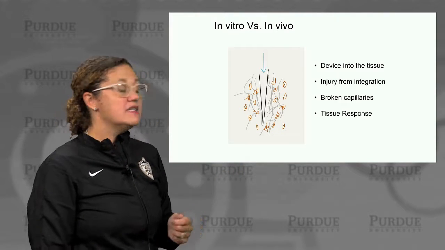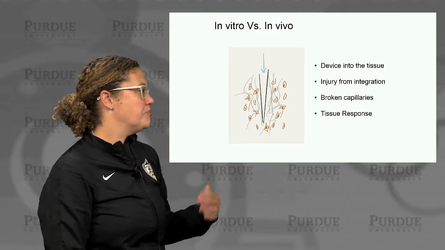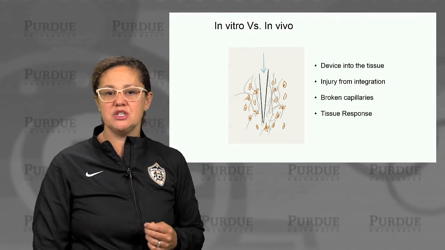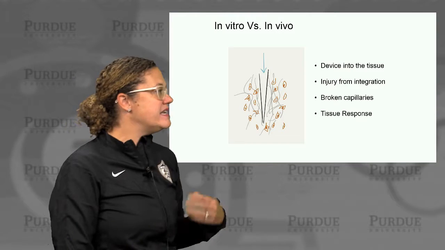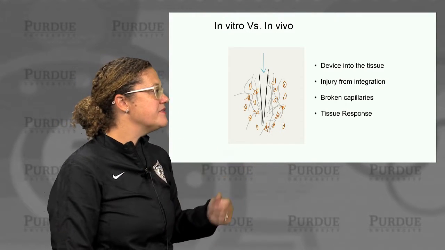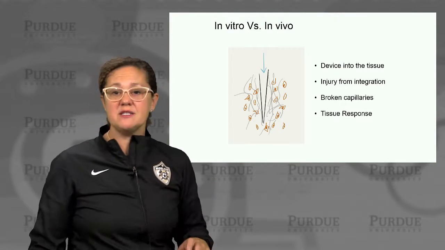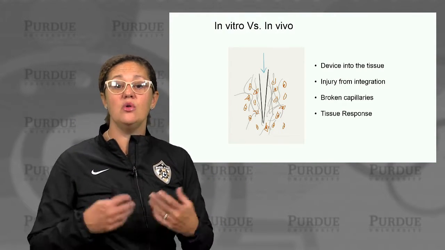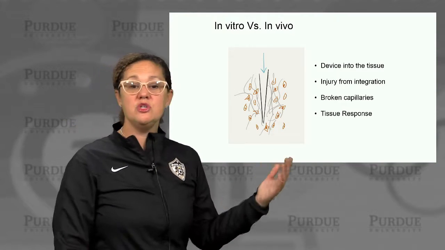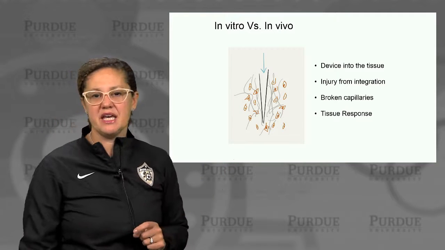And with that often comes injury from that integration, broken capillaries, other tissue damage, and a little bit different of a tissue response. Because of this acute injury and this more complex tissue response, now that we're in a whole organism, we often have an immune system and other functioning components going on.